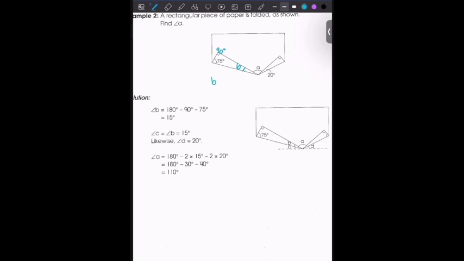So we can find angle B by using the concept that the sum of the interior angles of a triangle is 180 degrees. So B is going to be 180 minus 90 minus 75, which is 90 minus 75. So B is going to be 15 degrees. So angle B is 15 degrees.